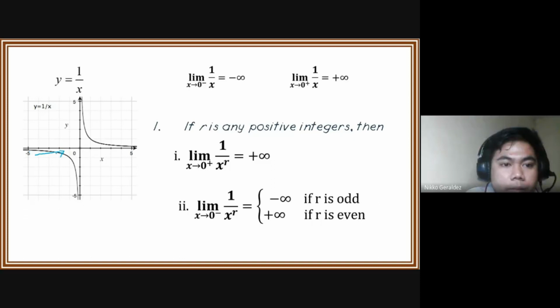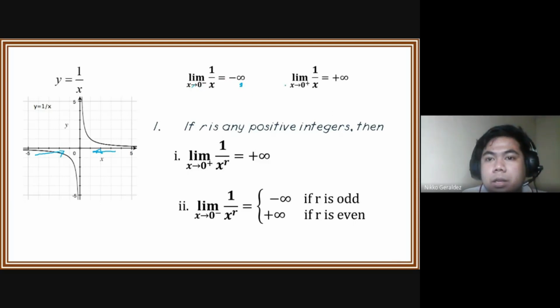This is the graph. Then if x approaches 0 from the right, the function approaches positive infinity. Or we can say that the limit of 1 over x as x approaches 0 from the left is equal to negative infinity, and the limit of 1 over x as x approaches 0 from the right is equal to positive infinity.